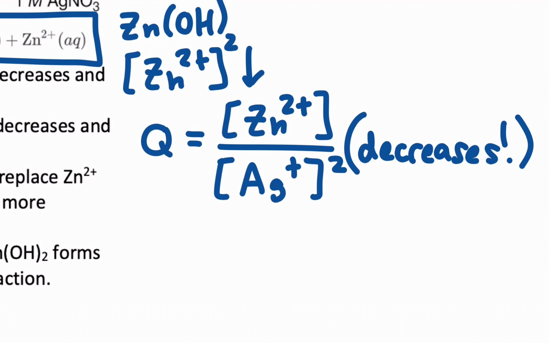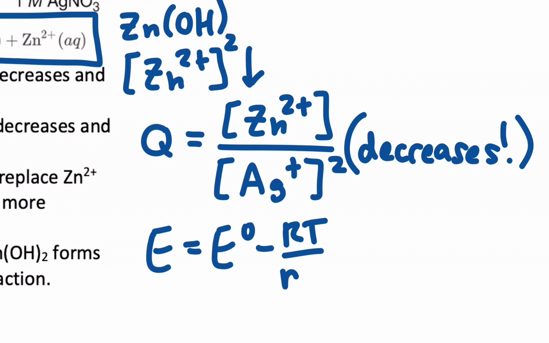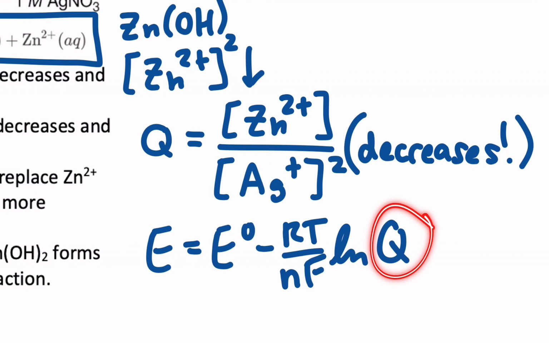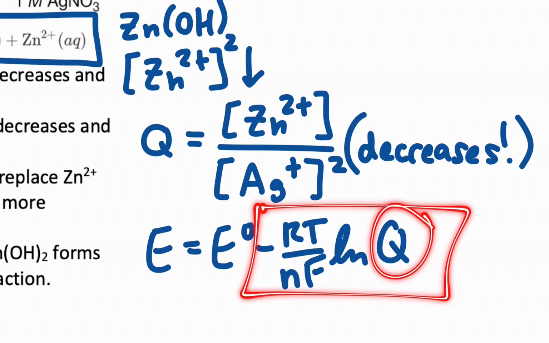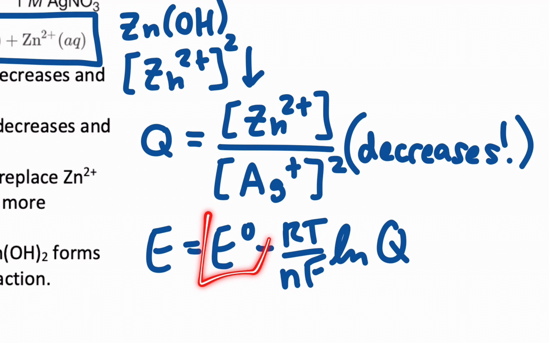So based on the Nernst equation, E is E standard minus RT over nF ln Q. If Q is getting smaller, that means that this negative term is less significant. So when we subtract something from this E standard, the overall thing actually gets bigger. So E is increasing. You're getting more voltage.